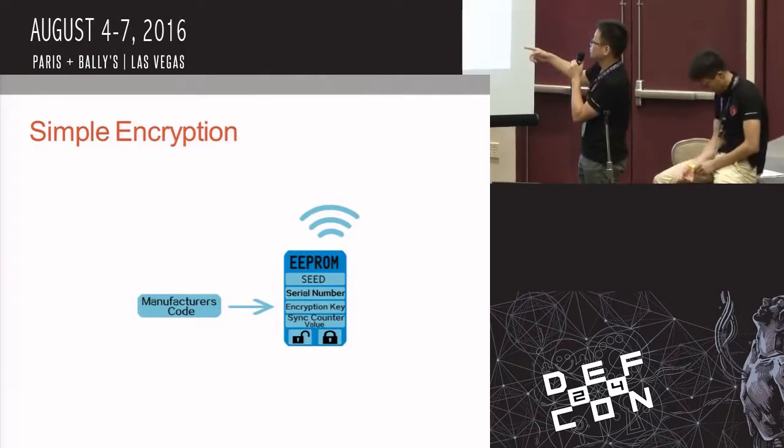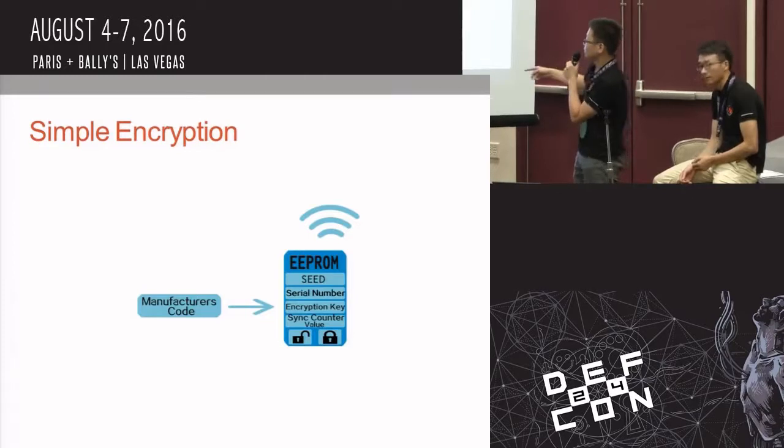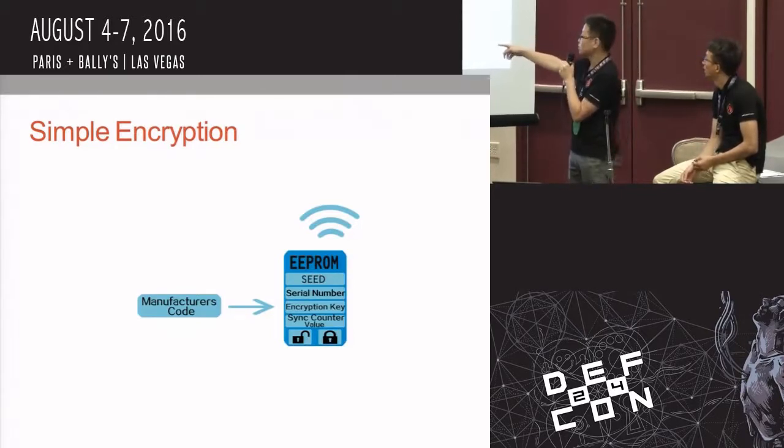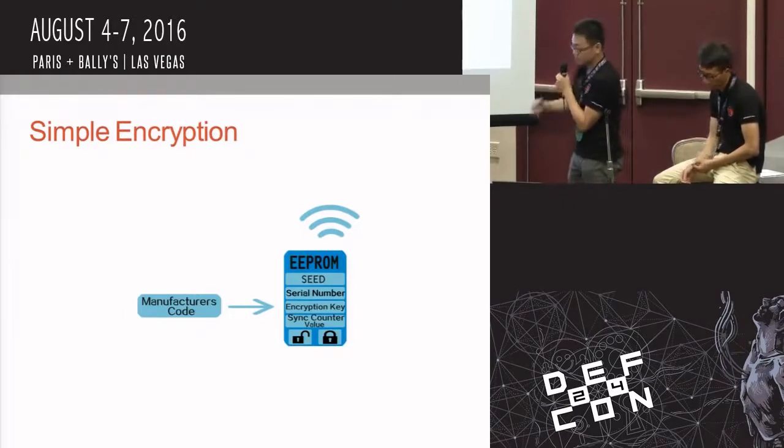They use the manufacturer's code directly as the encryption key. So it's very direct. And if a car loses the manufacturer's code, it will influence a bunch of cars.